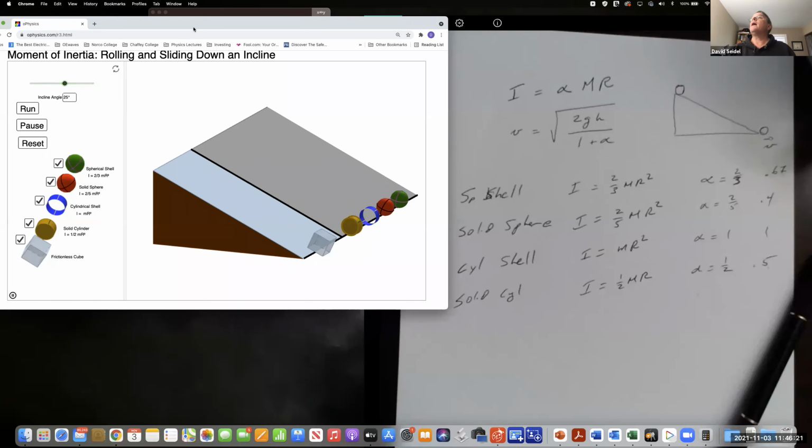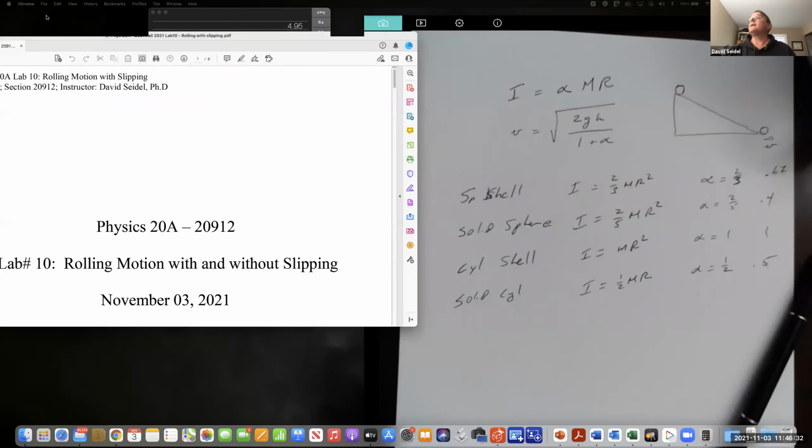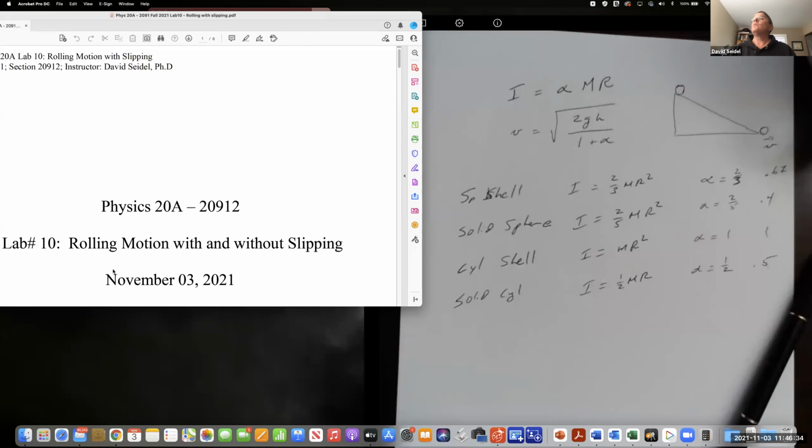Okay, so now let's go to the lab because it is forcing you to go an extra step on here. We are going to do rolling motion with and without slipping.